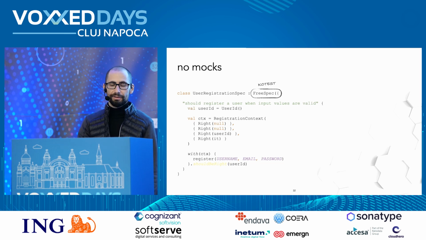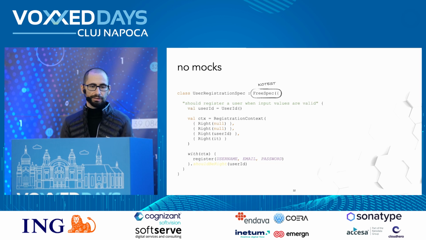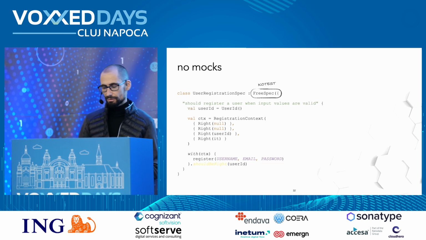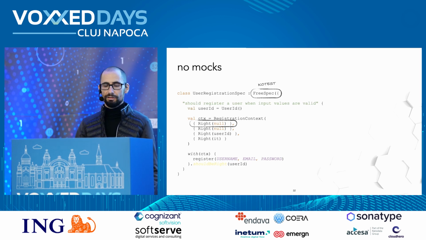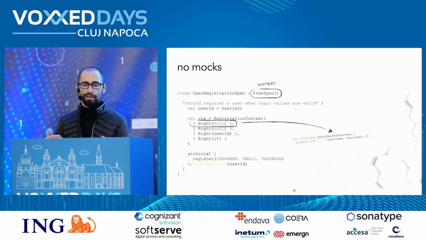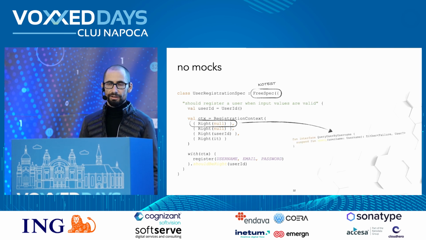So let's look at our registration context. What I'm doing here is creating a value context by instantiating the constructor that we've seen previously. But what you see here are a bunch of lambdas that are passed as arguments to the constructor. This is basically the implementation that we are providing on the spot for the single abstract method that we have defined on the functional interface.